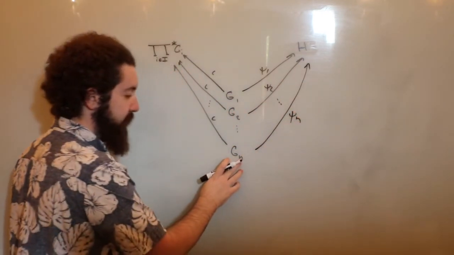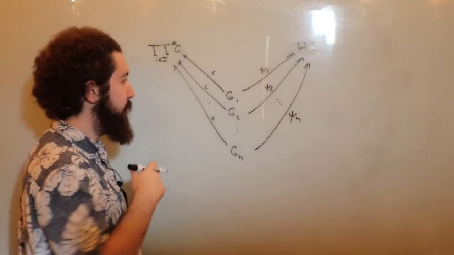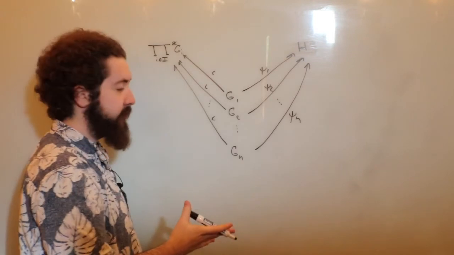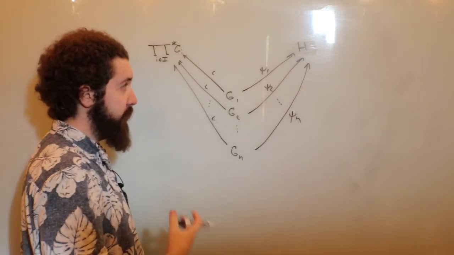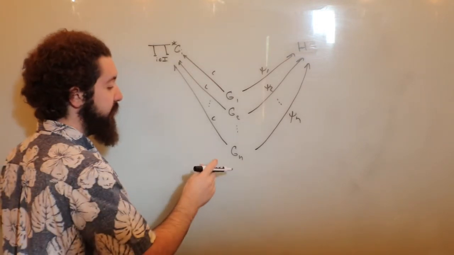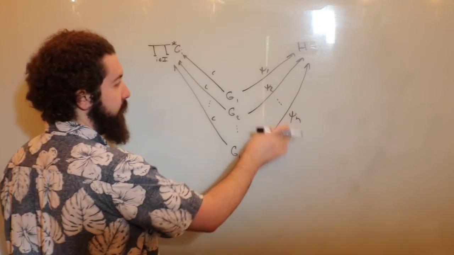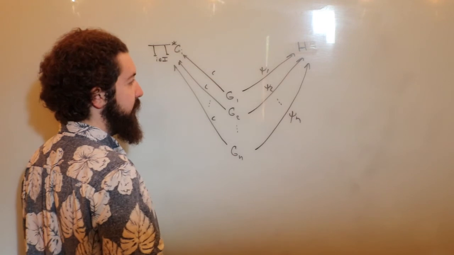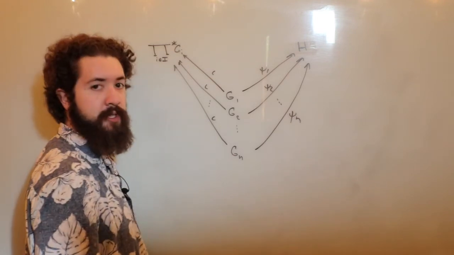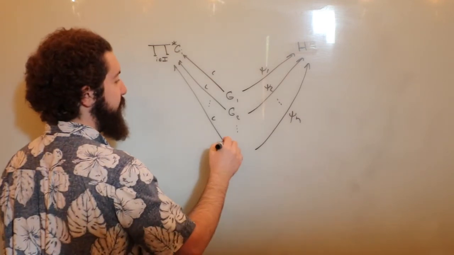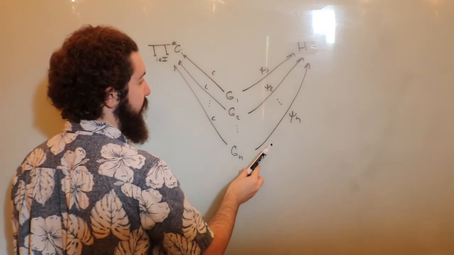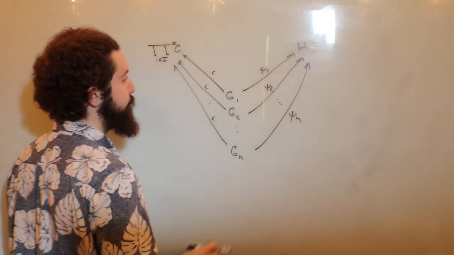With this n, the free product does not actually need to be indexed over a finite indexing set, but just for illustrative purposes here, it's finite. So we have a series of homomorphisms here, and this is looking a lot like our normal commutative diagram. So we have a map going here, a homomorphism going this way, and a homomorphism going this way.